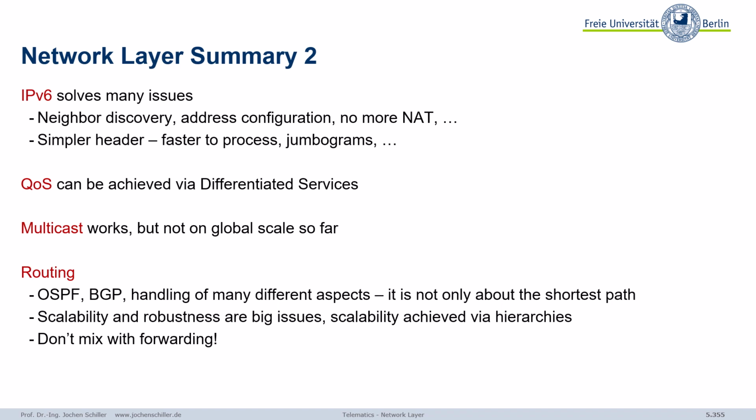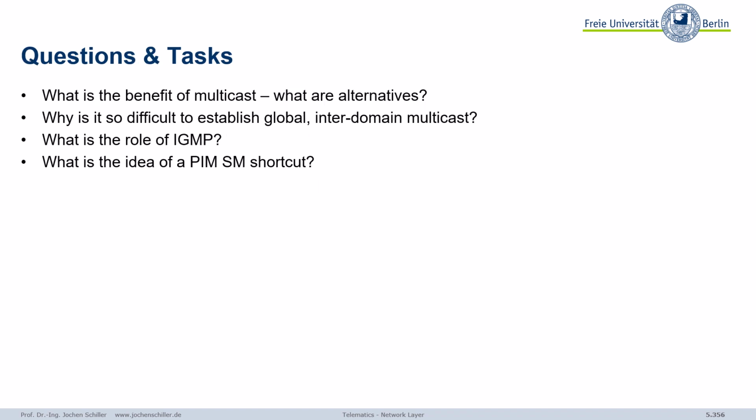There are worldwide multicast groups, but... and routing, we saw a bit more about OSPF and BGP handling many different aspects. It's not only the shortest path, it's about scalability, robustness, and how to achieve scalability via hierarchies. And please remember, don't mix all this with forwarding and routing. So we discussed forwarding, what this really is, really looking up within some nanoseconds, where should I push this packet to which output port.